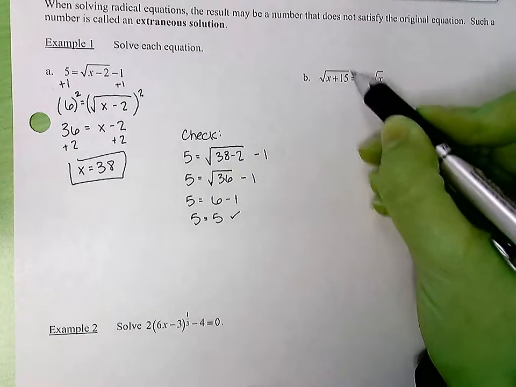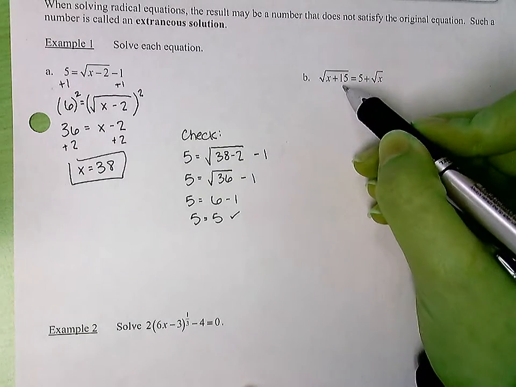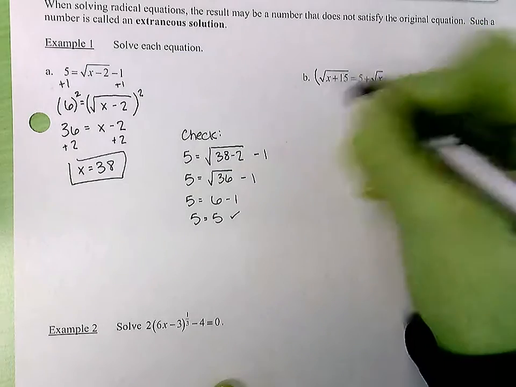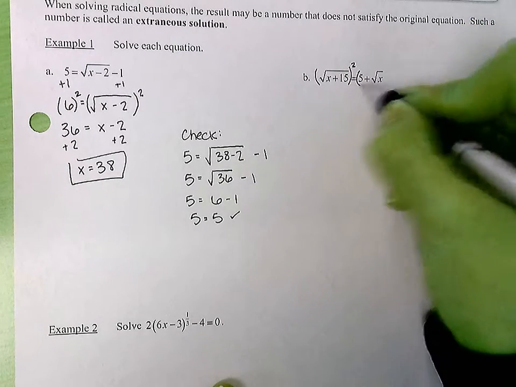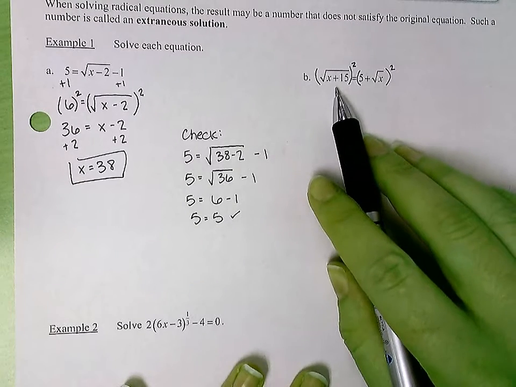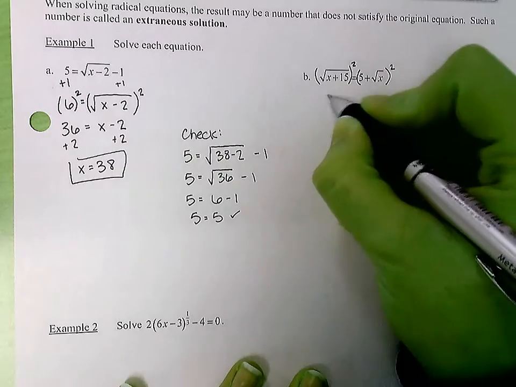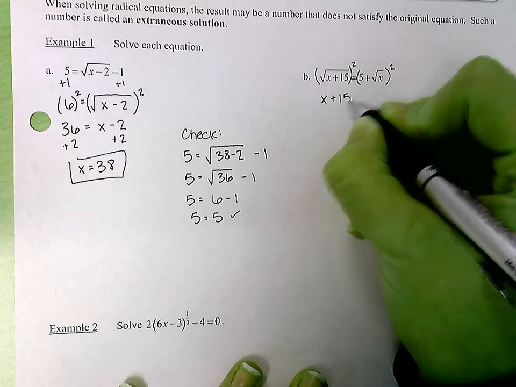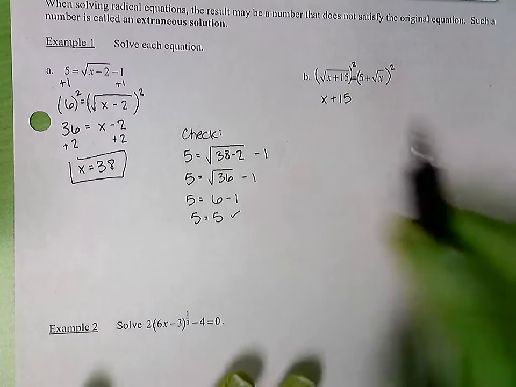So since I already have one of my radicals isolated here, I'm going to raise it to the power of 2 right away. So I'm going to square both sides right away. On that left-hand side, your root just cancels out, so you just end up with x plus 15.